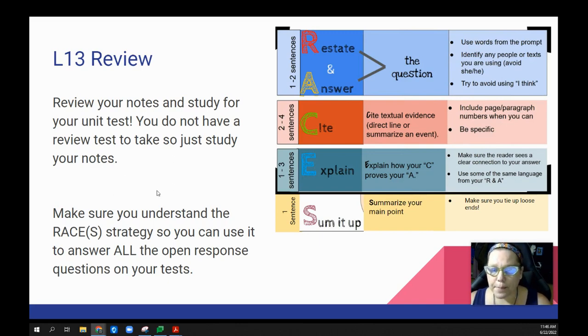Now, remember that if you don't do as well as you thought or hoped you were going to do on a test, you will have the option to take an alternate test afterwards. The alternate test is a multiple choice test, and it's worth the same amount of points as your original test usually.